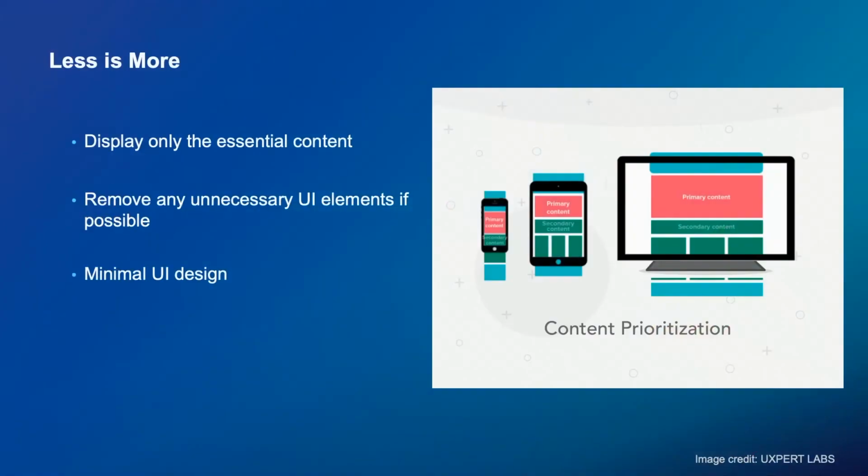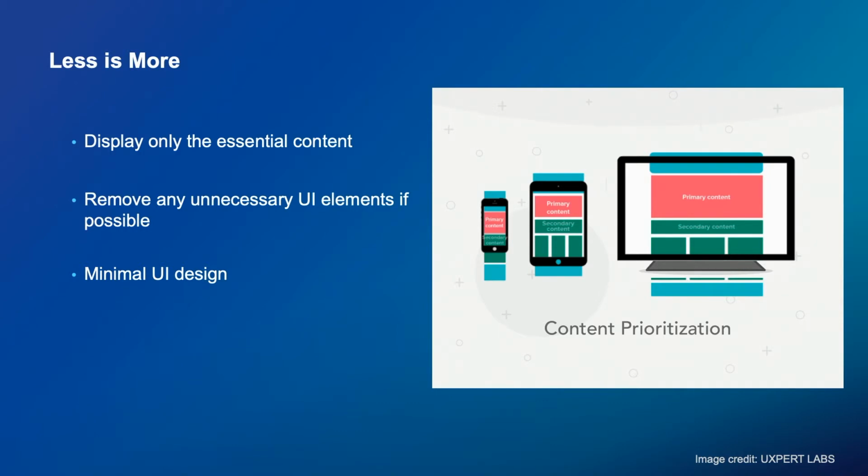Okay. So the first one is something we might be very familiar with, which is the less is more concept. Because the real estate on a mobile device is much smaller than a desktop, it is suggested that we focus on delivering the content first to the users and try to prioritize the content in your app to make sure the most important information is delivered to your users with ease.